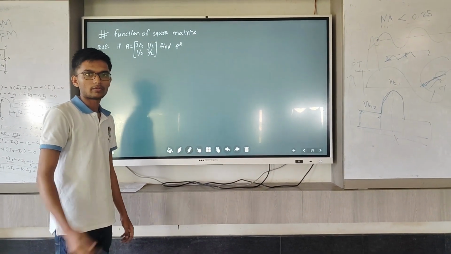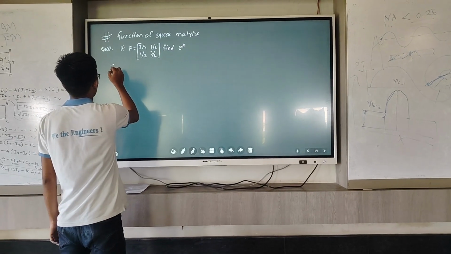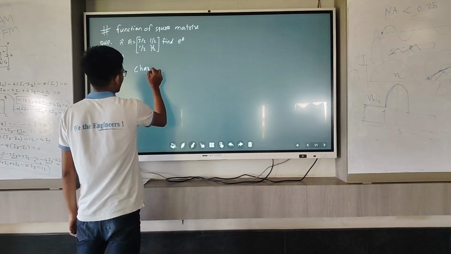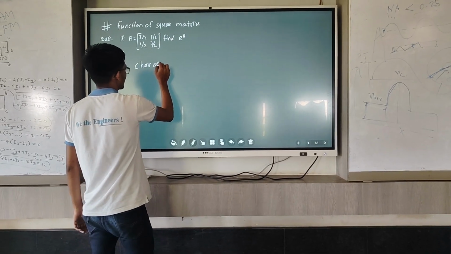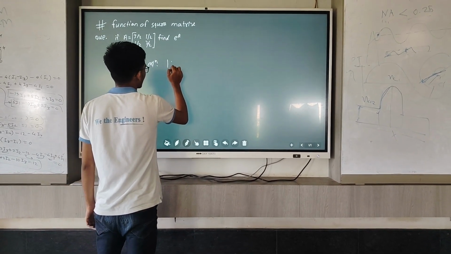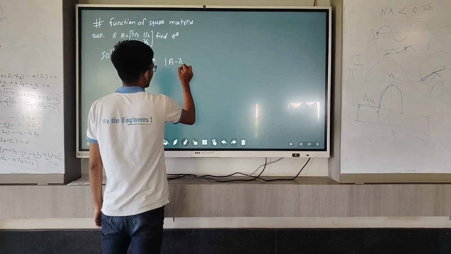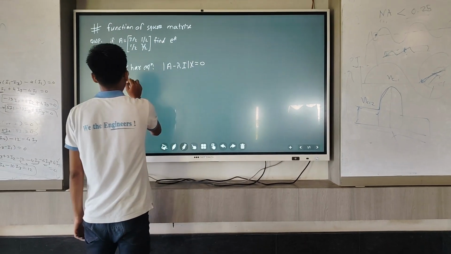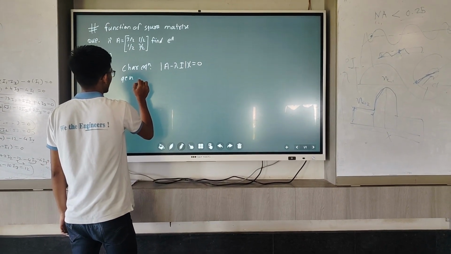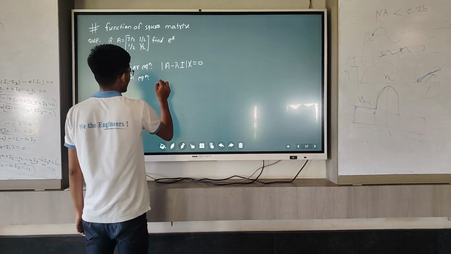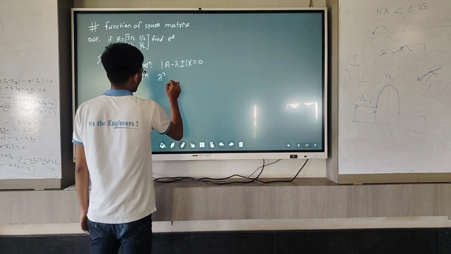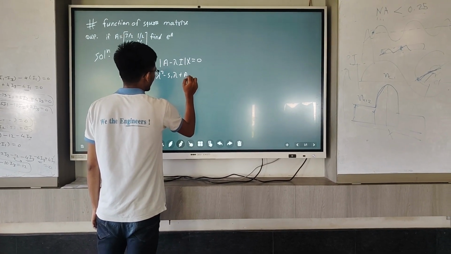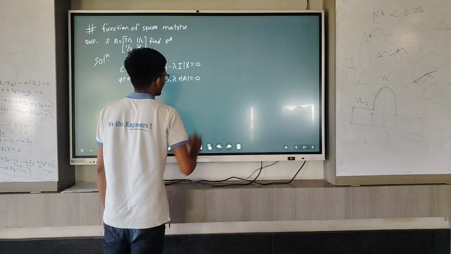To solve this problem, first of all we write the characteristic equation, which is A minus lambda I x is equal to 0, and the general equation is lambda square minus s1 lambda plus determinant of A equal to 0.